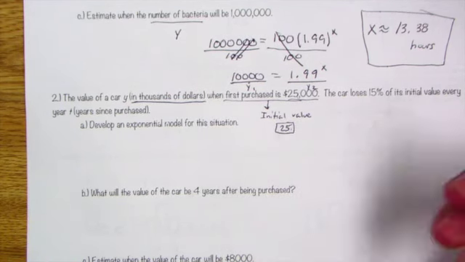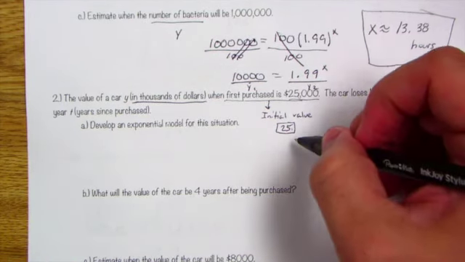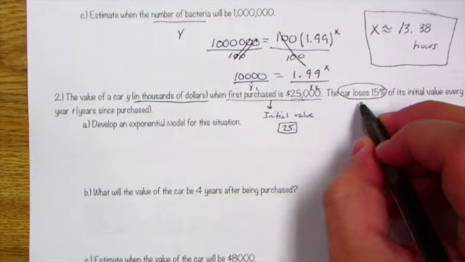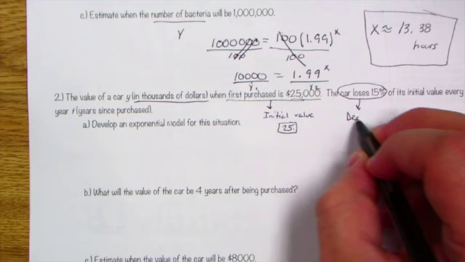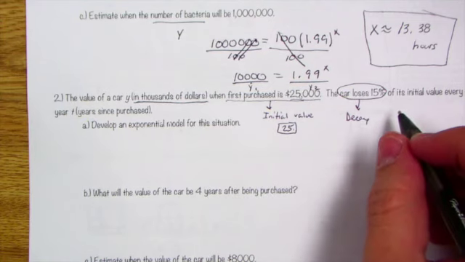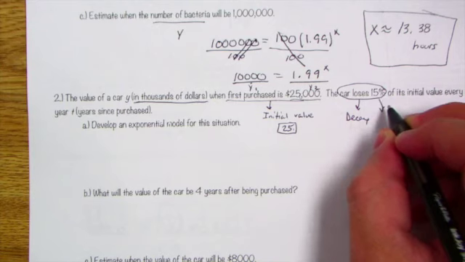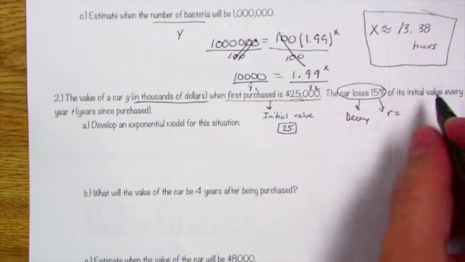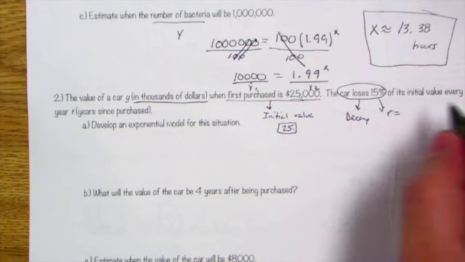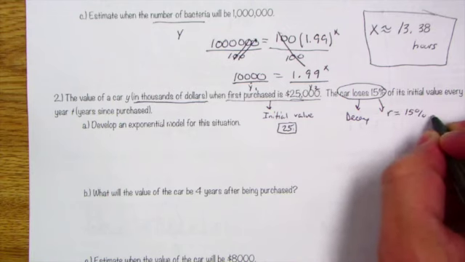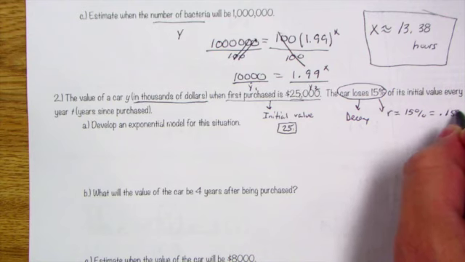So that 25 does represent 25,000. The car loses 15%. Loses would obviously be decay. It's going down over time. But then it also gives us that r value. Because it's decreasing by 15%, that is a percent rate, which as a decimal is 0.15.